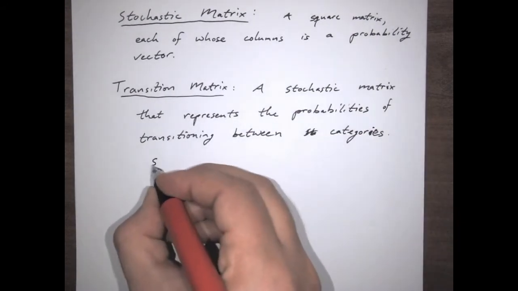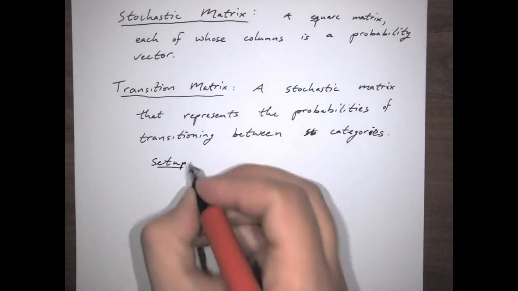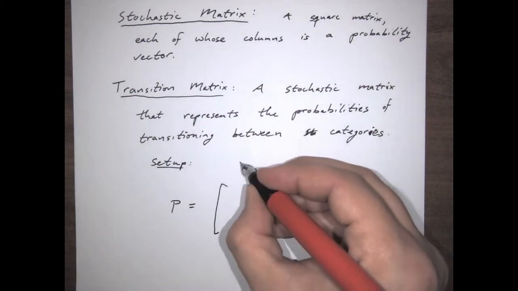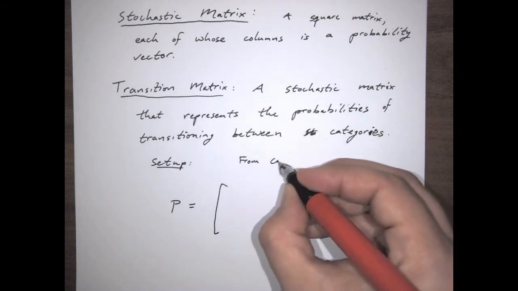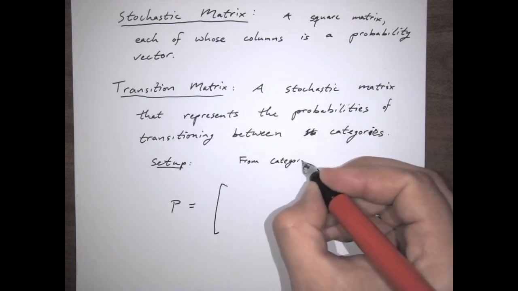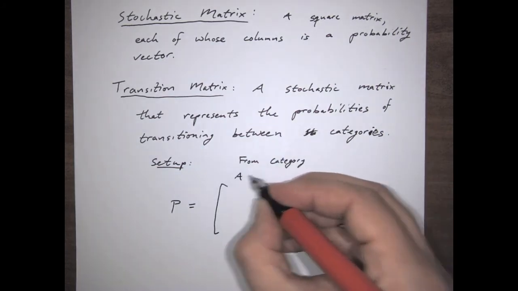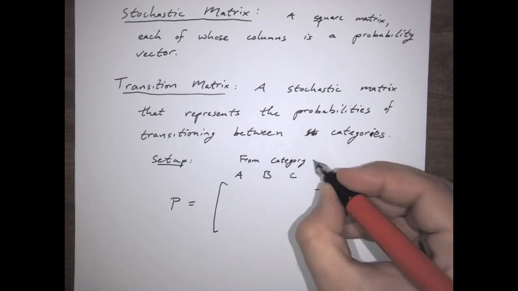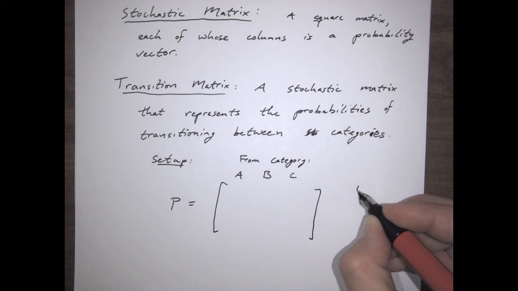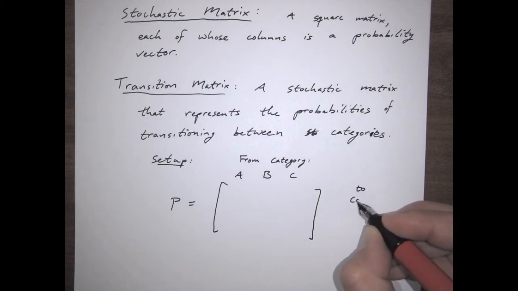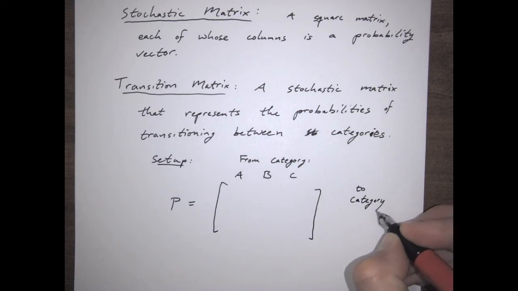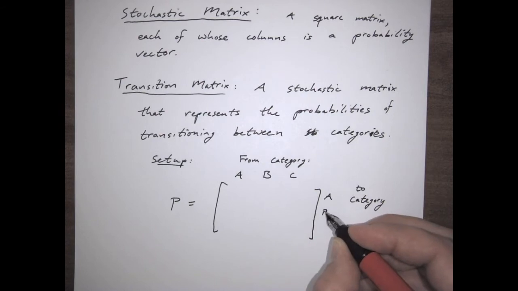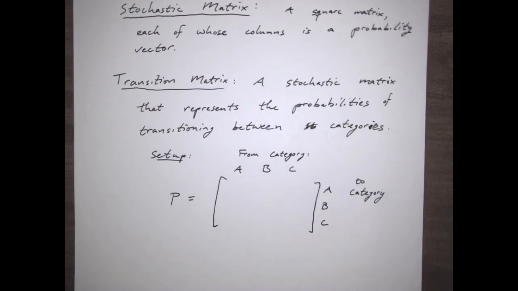And then the setup here, we'll say P equals, and this is from category, let's say A, B, C, and then over here to category A, B, C. And the order has to be the same.